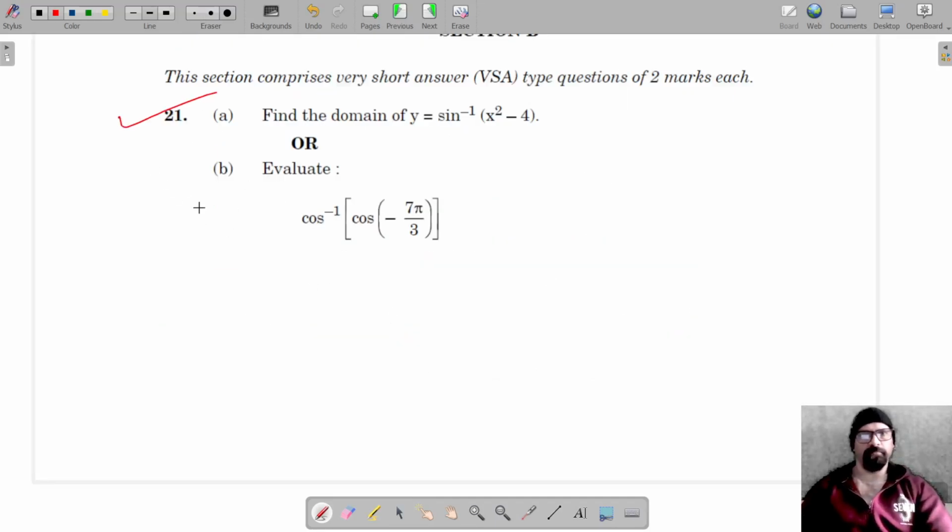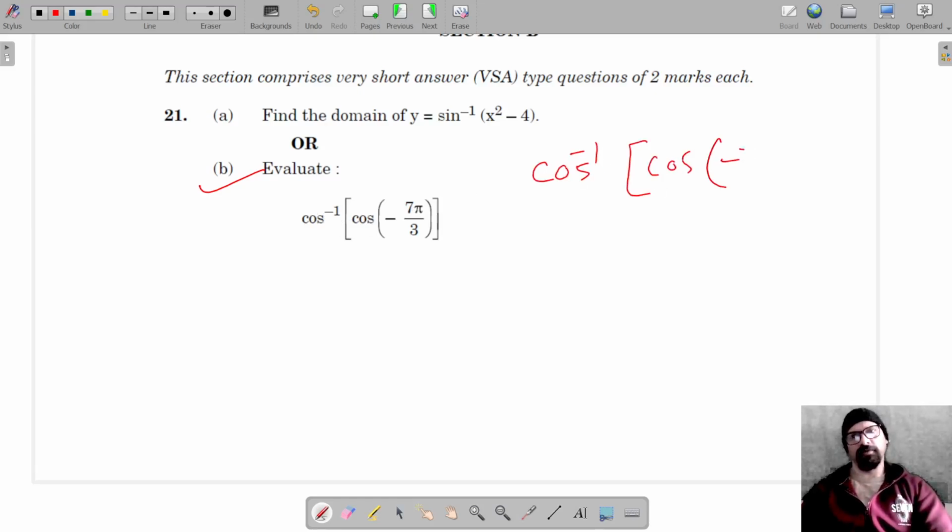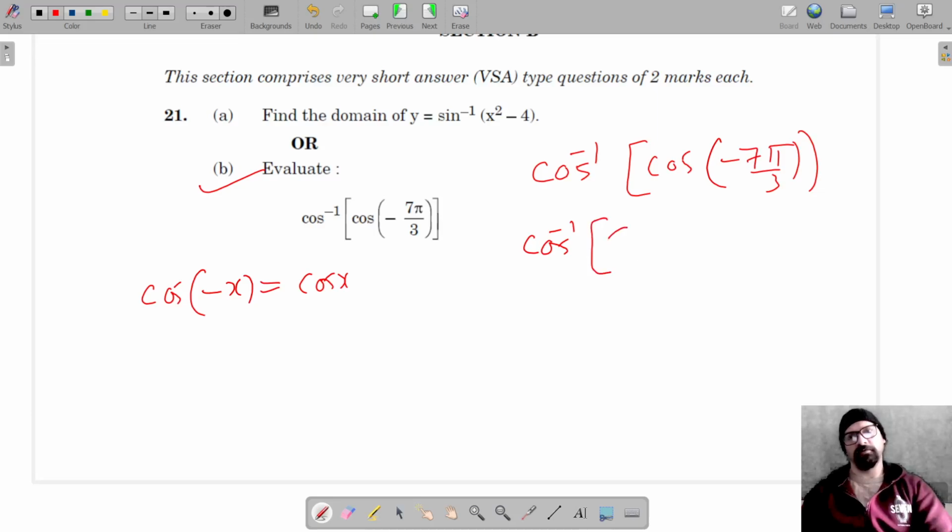For question number 21, part B, we have to evaluate this cos inverse. We are given cos inverse of cos of negative 7 pi by 3, and we know that cos of negative x is equal to cos x. So this becomes cos inverse cos of 7 pi by 3.